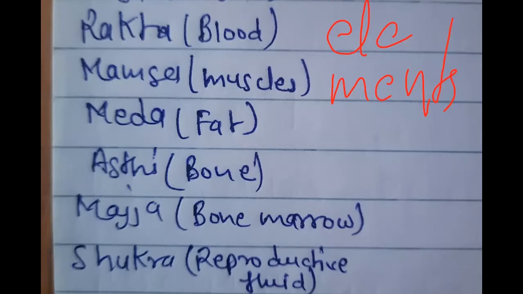So Sapta Dhatu, seven tissues. First is Rasa. Understand how your food converts into the Sapta Dhatu.